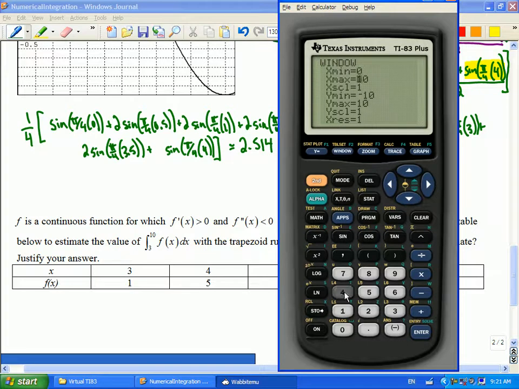Zero to 4, and we don't need nearly that tall of a graph, so let's just go -2 to 2. And then I'll have the TI-83 do it so you can see what approximation it gets.